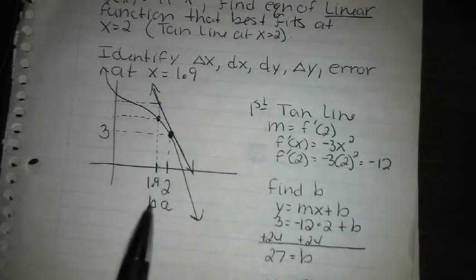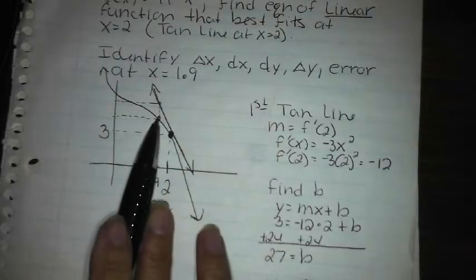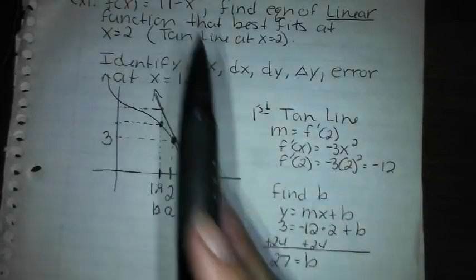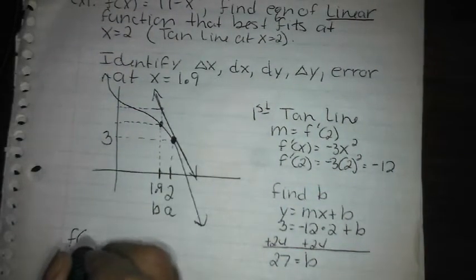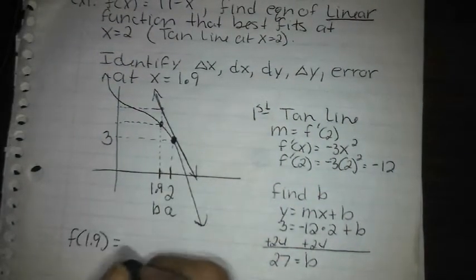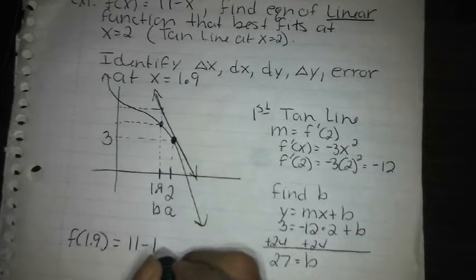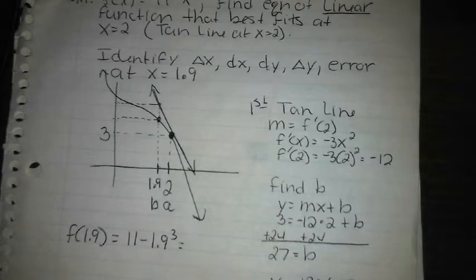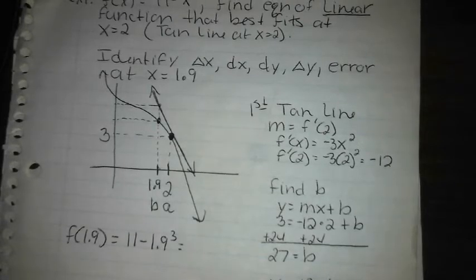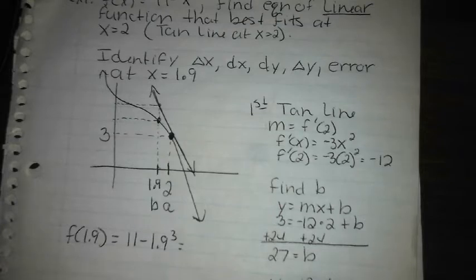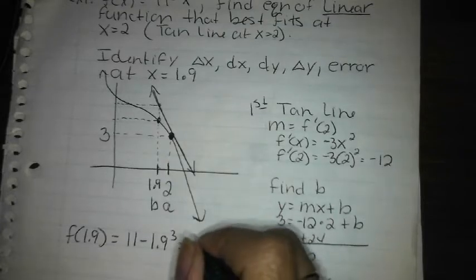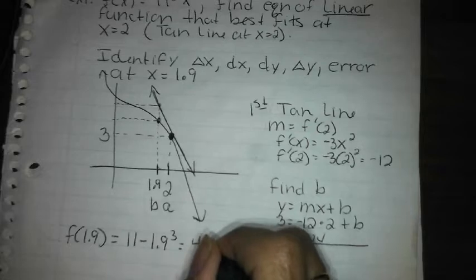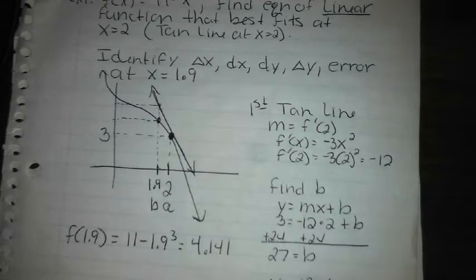Plugging 1.9 into the original function, f of 1.9 is 4.141.